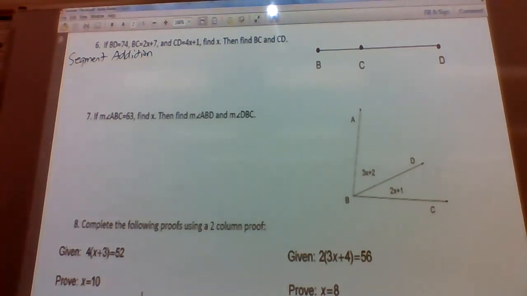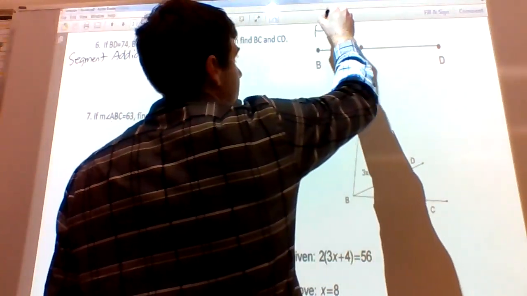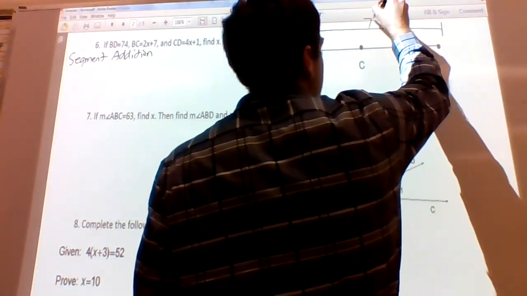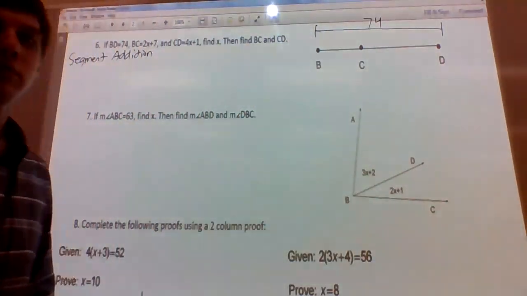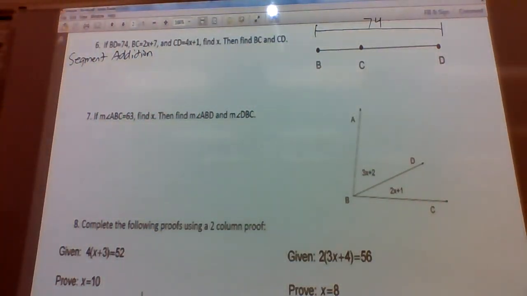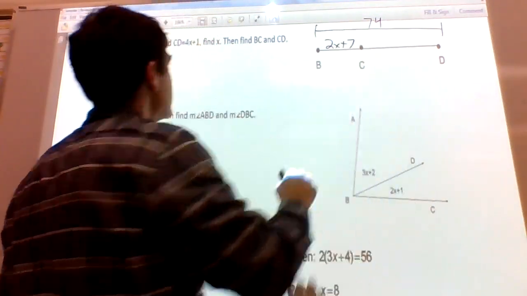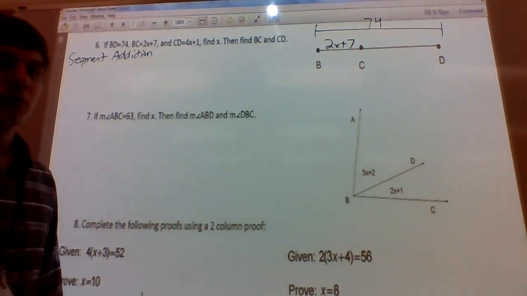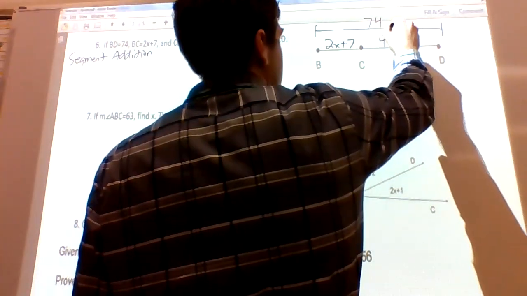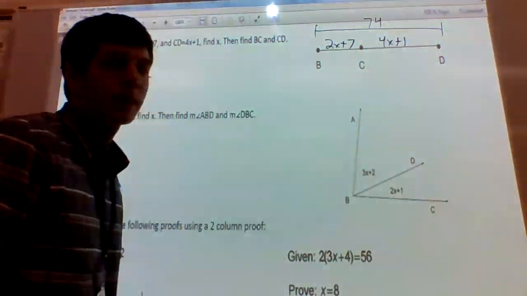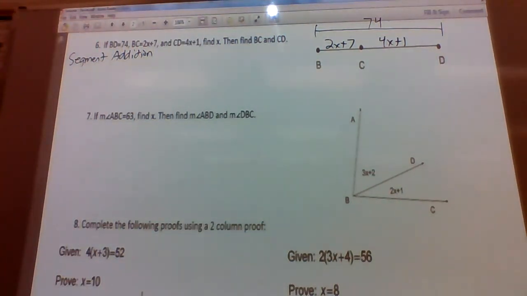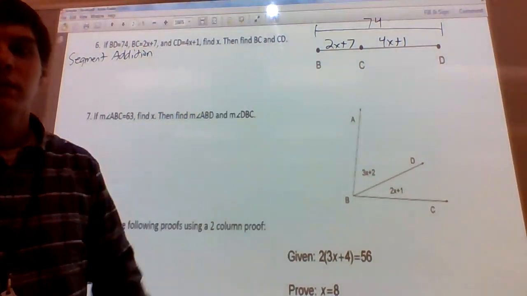BD is 74. So BD is the whole thing, 74 units long. BC is 2x plus 7. CD is 4x plus 1. Okay, we have to come up with an equation to solve for x and then find BC and CD.